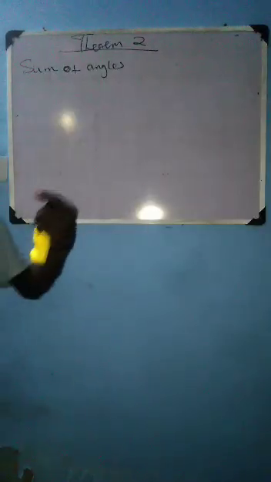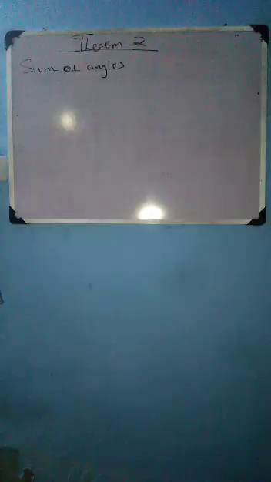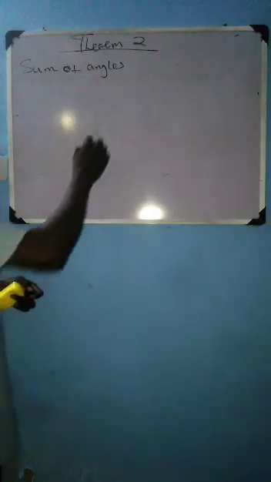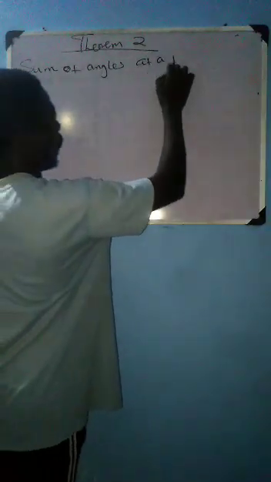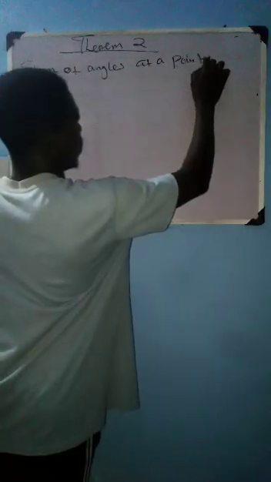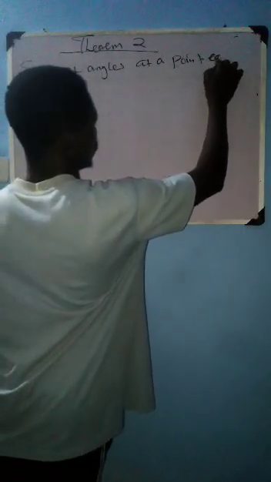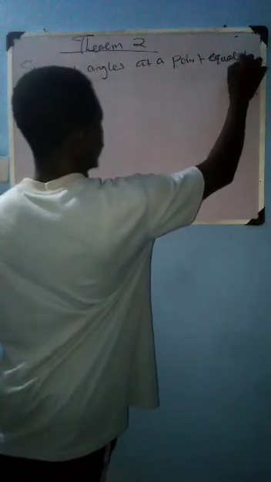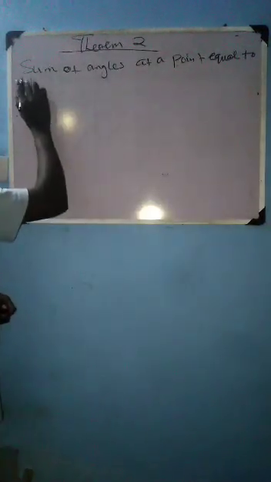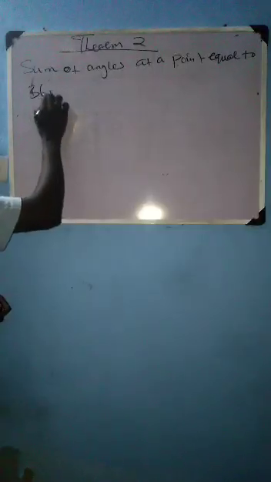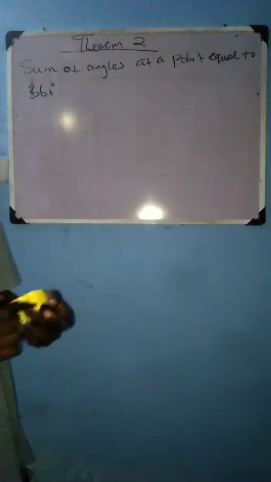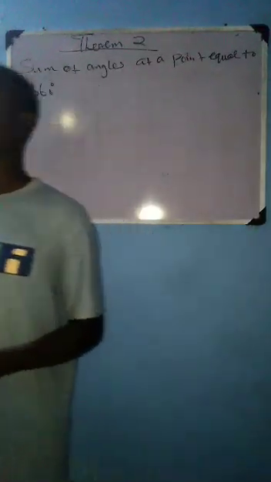So this is my numbering to make it easy for you to remember. The sum of angles at a point is 360 degrees.